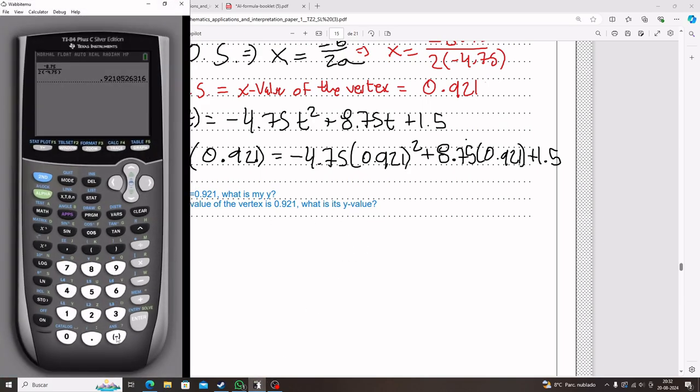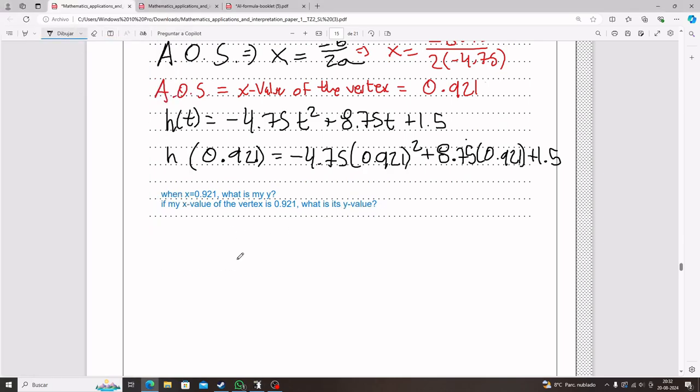So, if I plug in, I end up with negative 4.75 times the parentheses that I told you earlier, plus this. I'm just plugging in what's here, guys. Okay, don't get lost. Plus 1.5. Aha.